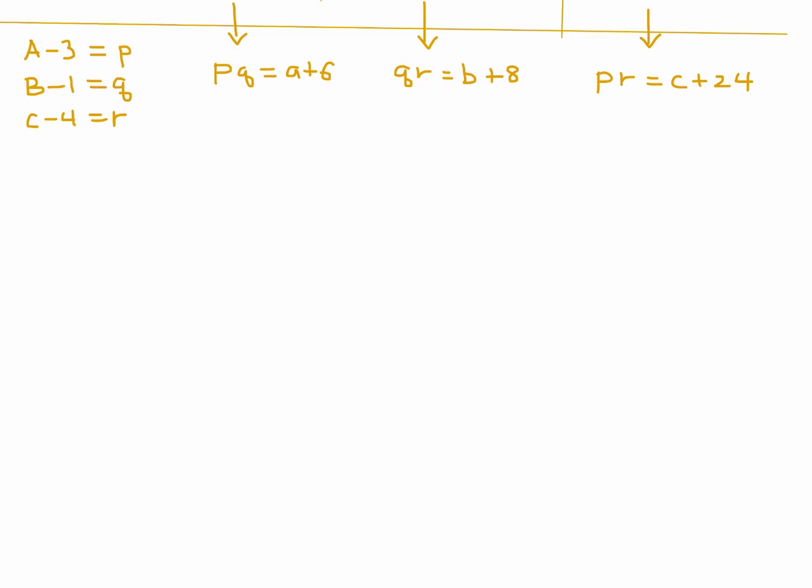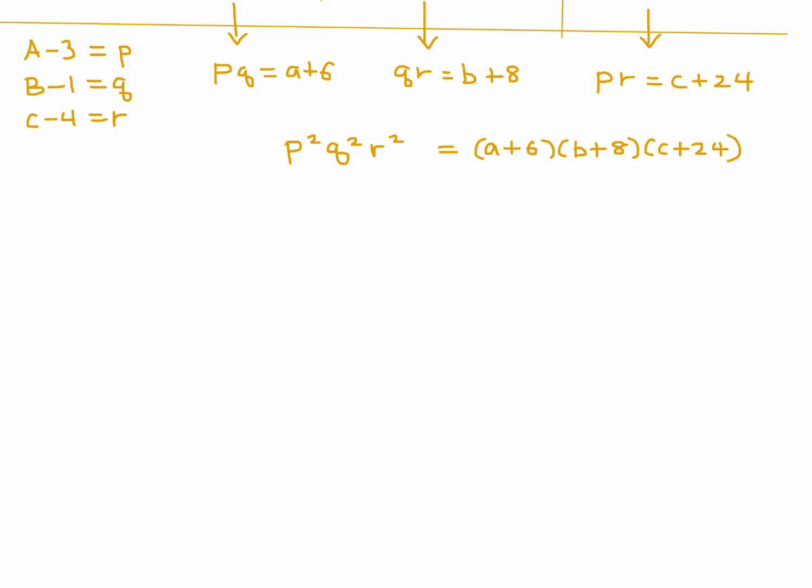So we're getting it down into something very digestible. Now let's take these 3 and multiply them all together. So on the left side, you'll get p squared, q squared, r squared. And on this side, you'll get a plus 6 times b plus 8 times c plus 24.